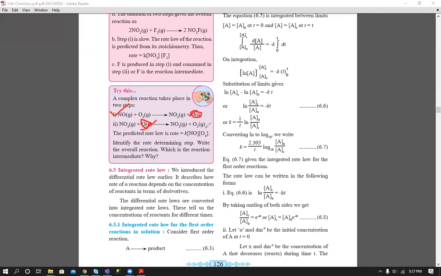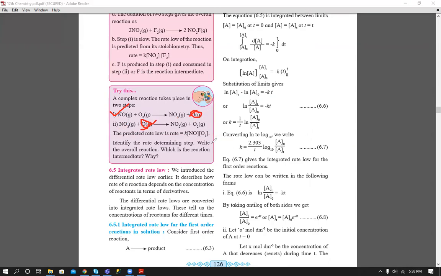Okay, let me wait for some time. So O is your reaction intermediate and the first equation is your slowest step or rate determining step. How did I find out? From the rate law, these terms NO and O3 are given in the first equation, not in the second equation. So that's why this is your rate determining step. And for the overall order, what will you write down? Similar terms get cancelled out. This NO plus NO3, I think NO3 is also on both sides.